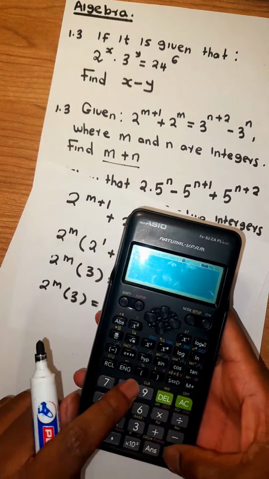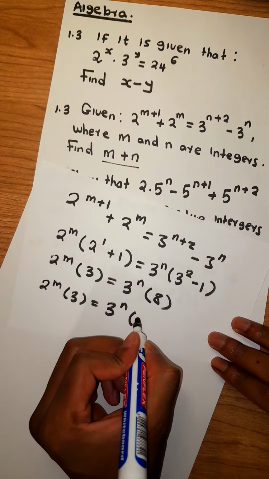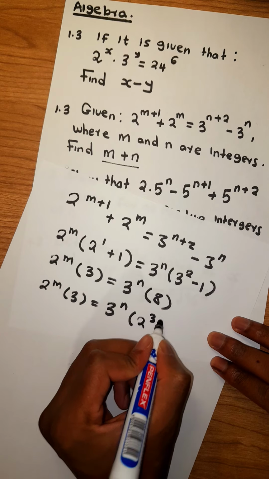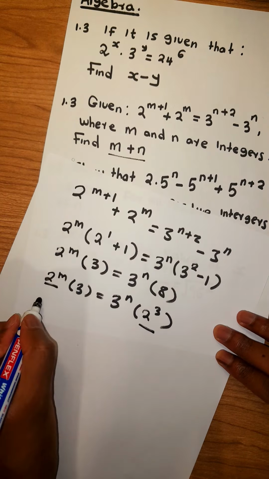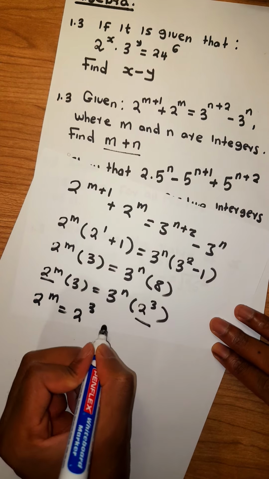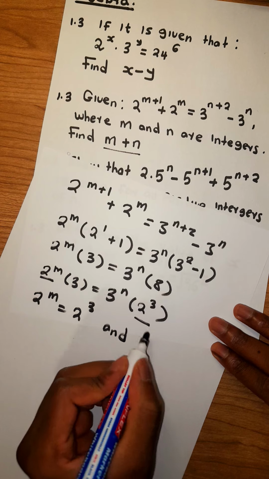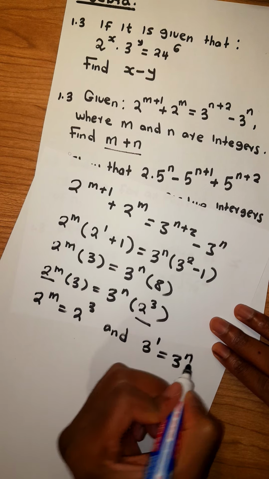Let's change this one. If I say 8 equals, shift fact, I just get 2 to the power 3. So what am I going to do? I'm going to take this and this. So I have 2 to the power m, that's actually going to equal 2 to the power 3. And I'm having 3 to the power 1, that's going to equal 3 to the power n.